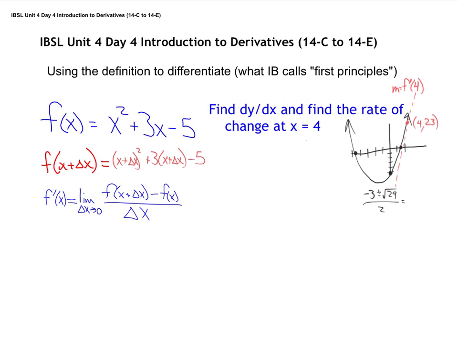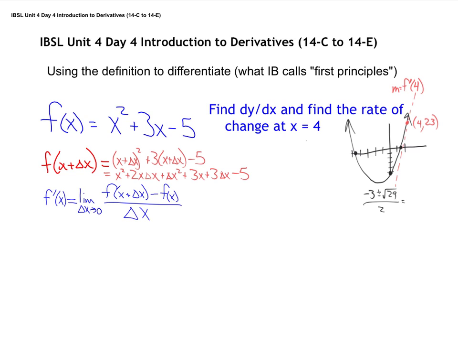So if I simplify this, I've got to FOIL: x squared plus 2x delta x plus delta x squared plus 3x plus 3 delta x minus 5. Now, there aren't any like terms here that I can combine, so that's simplified.